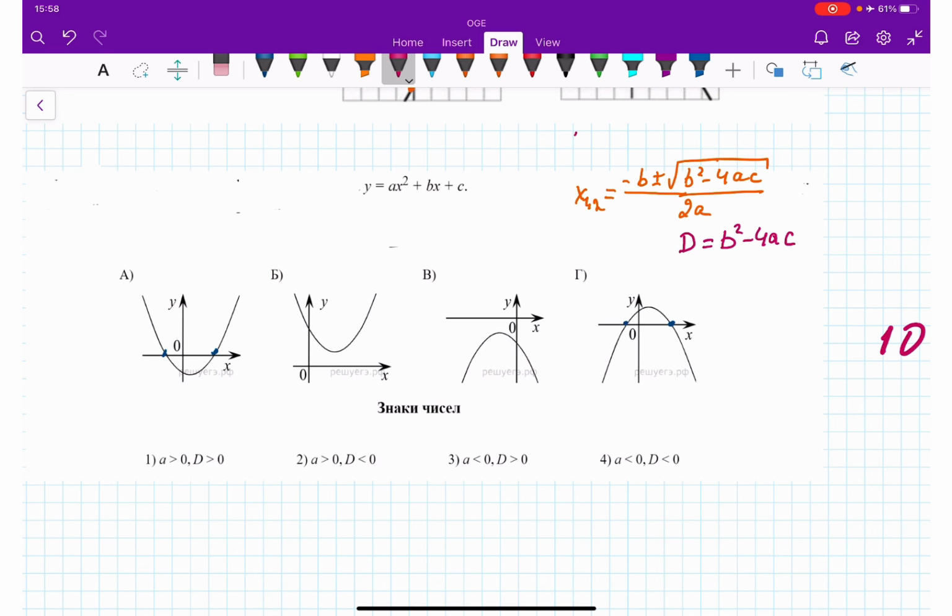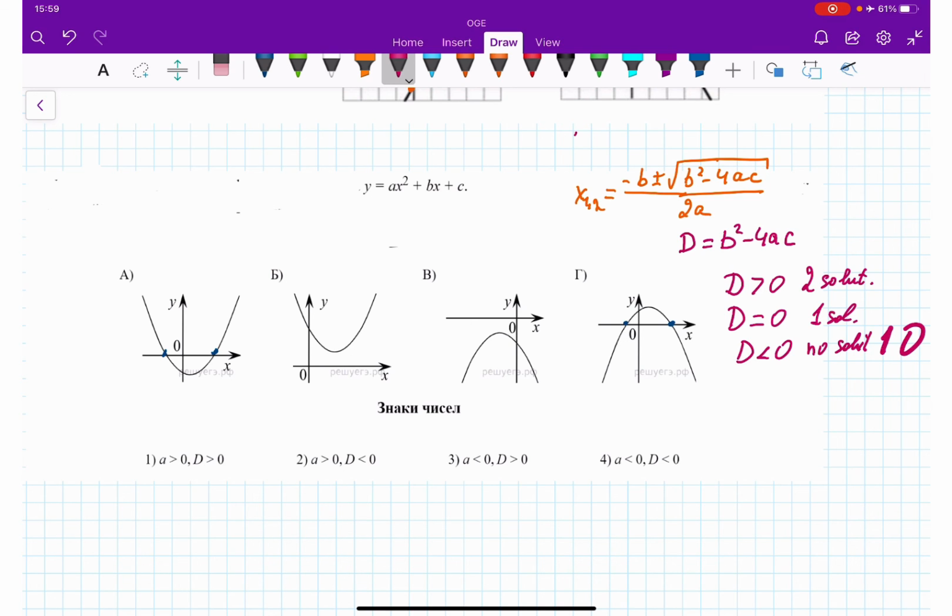This is our discriminant. Now, here is the rule. If discriminant is greater than 0, then we have two solutions, two x's. When discriminant equals 0, then we have one solution, one x. When discriminant is less than 0, we have no solution. Okay?